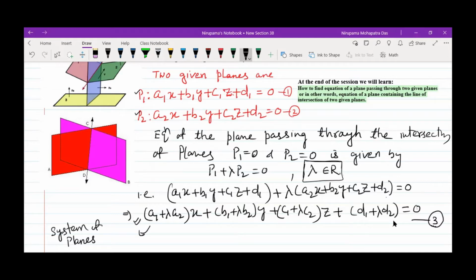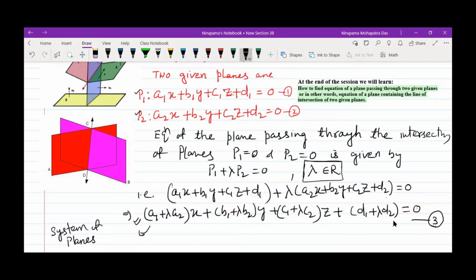To get one particular plane, we will be given a particular condition. Equation 3 represents a family of planes, and a particular family member has a particular characteristic. So for getting an individual plane, we will be given an individual condition.